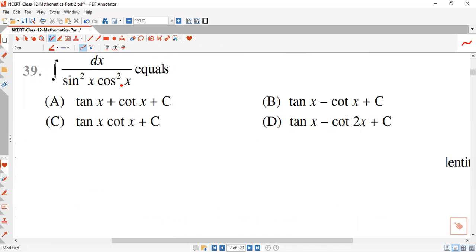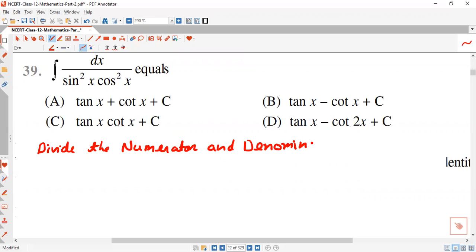So I divide the numerator and denominator by cos square x, not cos square x, cos raised to 4 x.